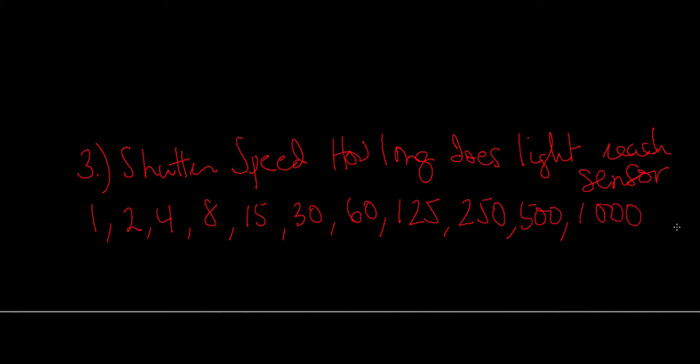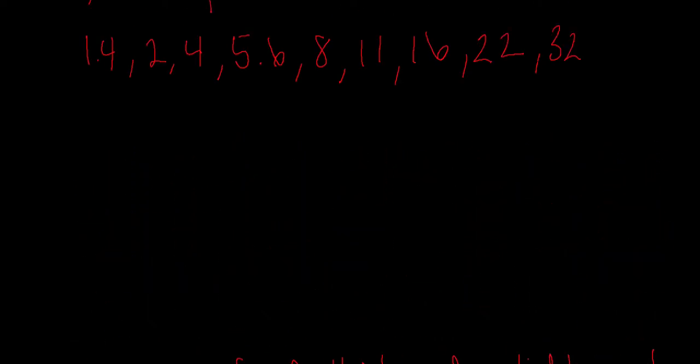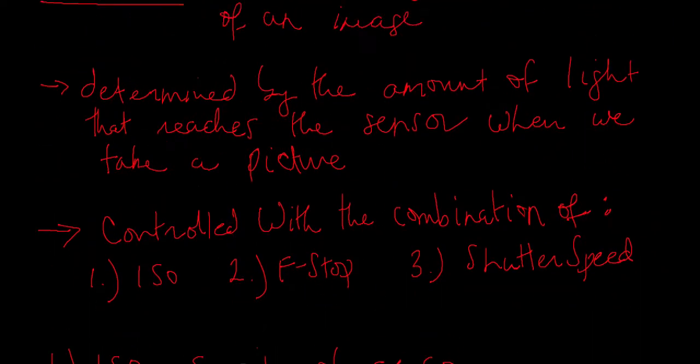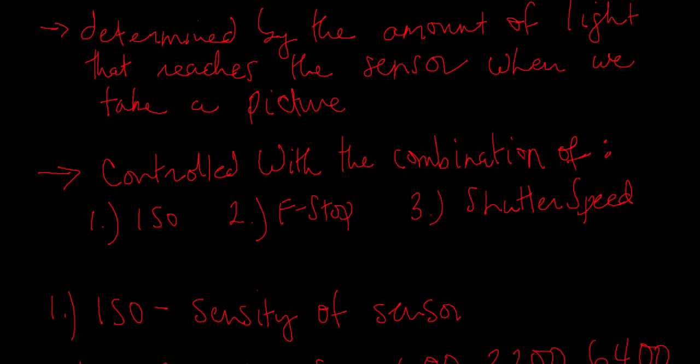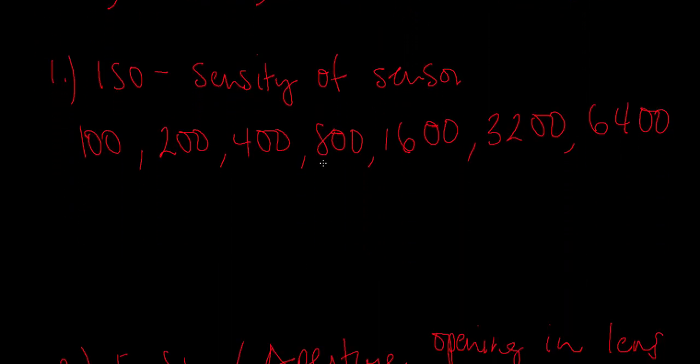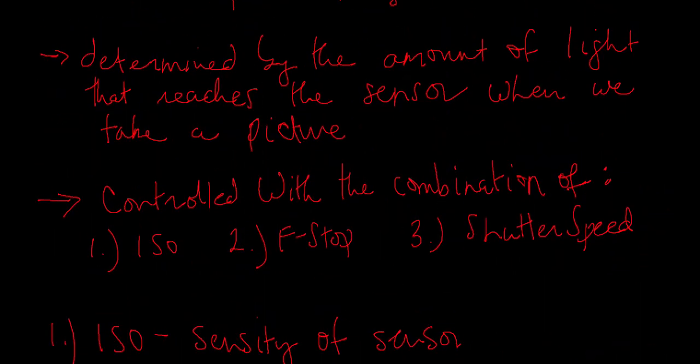Newer cameras will continue all the way up to 8,000, but you certainly will get the idea at 1,000. Alrighty, so now with each of these settings, when we look at the numbers specifically for ISO, we notice actually that they double from one to the next. And that is for a very particular reason.